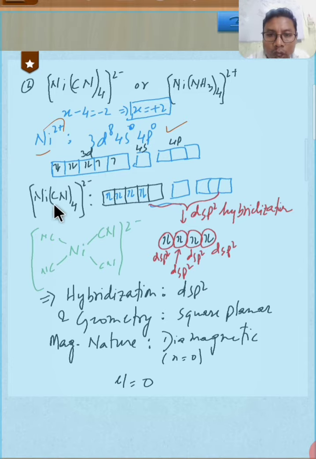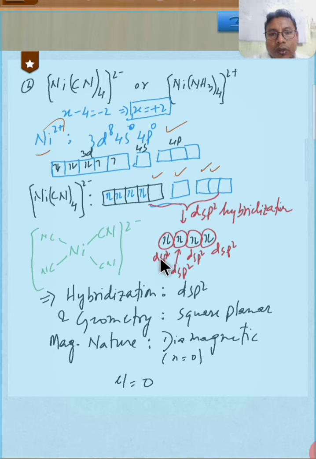But how many coordinate bonds will be formed? 4. So we need only 4 empty hybrid orbitals. So one will be d, one is s, and we need only 2 p empty orbitals. So hybridization will be dsp2 hybridization.